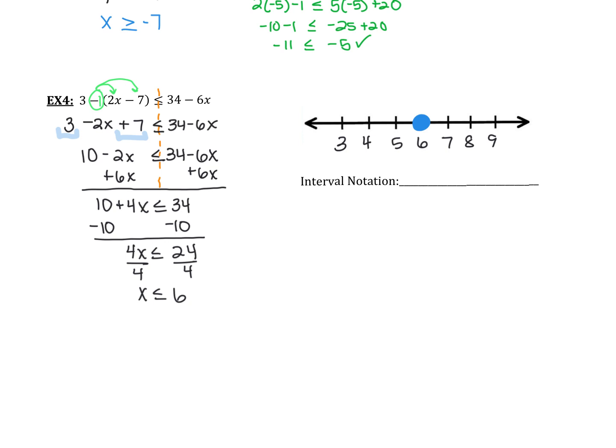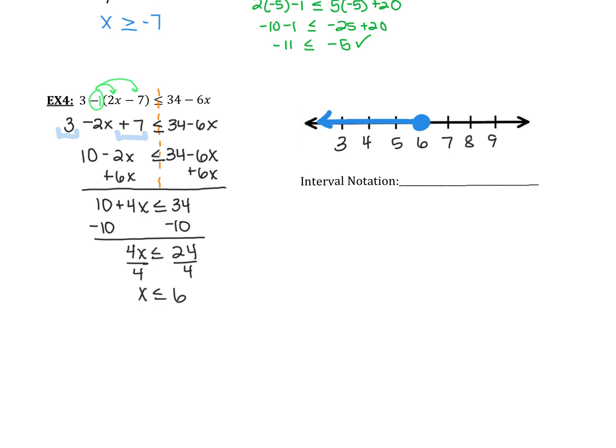And then which way am I shading if it says x is less than or equal to 6? Meaning, what numbers work in that? Hopefully you said 5 or 4 or -27. These are all examples of numbers that are less than 6. So this is what your graph should look like.